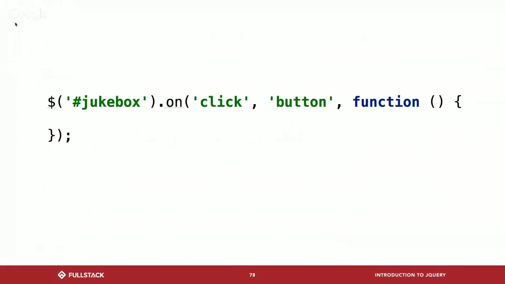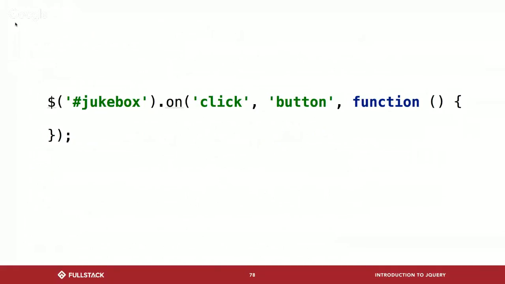And internally, when the jukebox gets clicked on, jQuery is listening. What's the selector of the thing that got clicked on within the jukebox? Because that's one thing that you can do with native DOM methods. With native DOM methods, you can find out what elements got clicked on. Okay? So jQuery goes and says, hey, look, the jukebox was clicked on. Was it a button that was clicked on in the jukebox? And it executes that function.